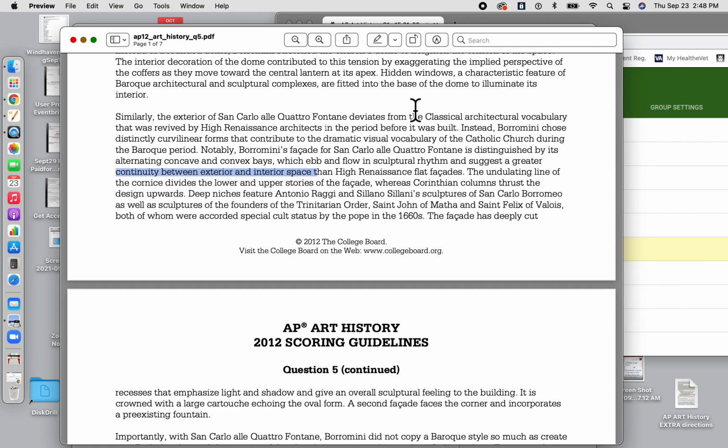Another one is they're talking about undulating. So again, that's that curve in and curve out, and the cornice is that decorative piece that sticks out and sort of divides the front, the top, and the bottom. And then you have the columns, which are pushing and giving you that space upwards.